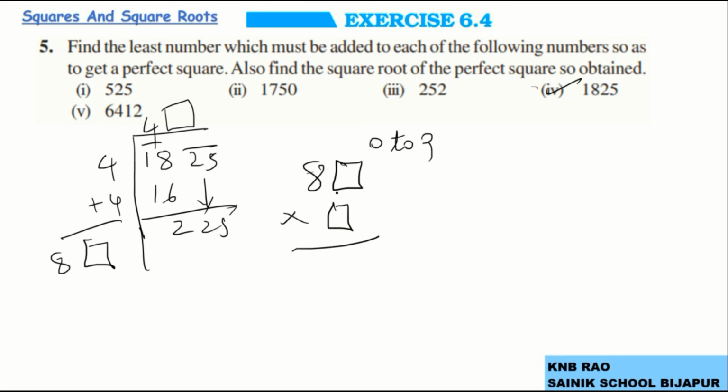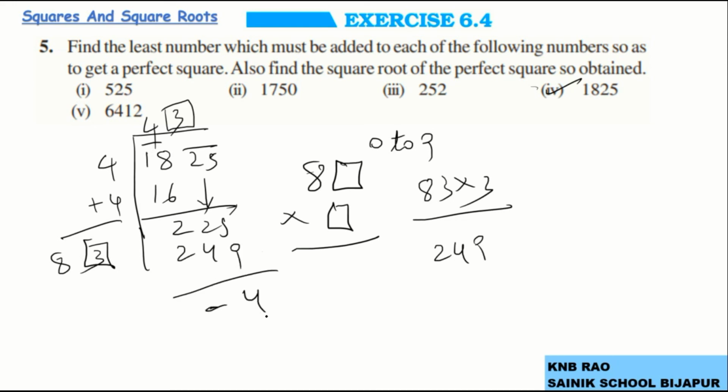Any digit will come in this box, 80 to 89. So right one we will choose, suppose if I take 3, by trial and error we will do. So 3 3s are 9, 249. Obviously here if I choose 3, 249, this difference gives me 24, so minus 24. So this 24 to be added to make it a perfect square.